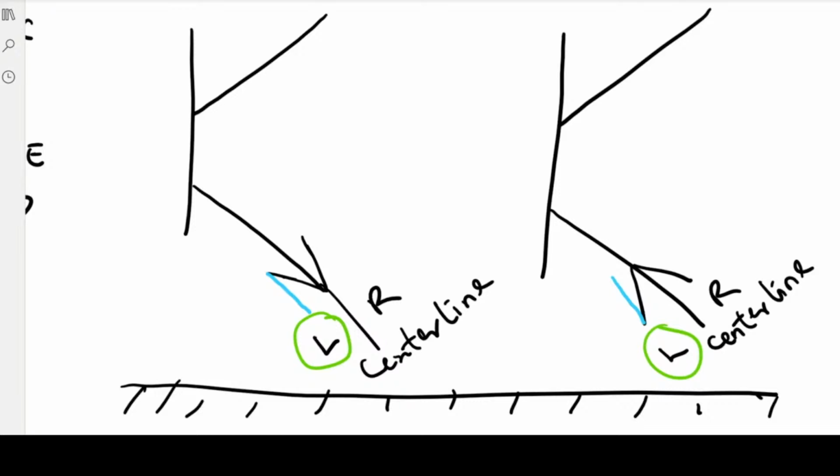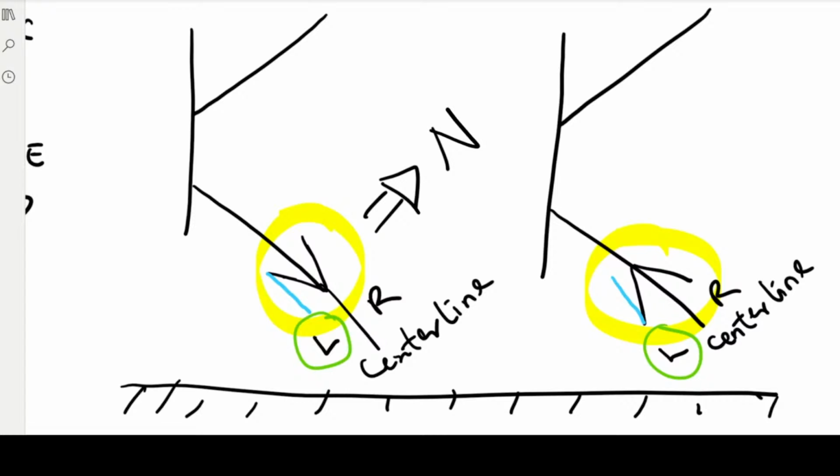Let's do something different. So look at these two. Which of them looks like an N? This one looks like an N, right? This one looks like an inverted N. I will just use this to mean does not look like an N, right?